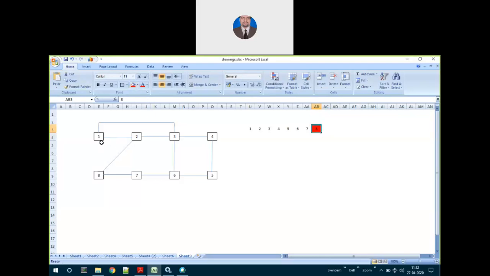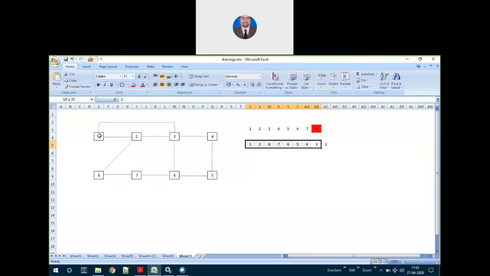Then what are the other methods I can travel to find out the Hamiltonian cycle? Okay, let us say from 1 I can go to 2, and since 2 is also connected to 8, I can go to 8 here, 2 to 8, from 8 to 7, 7 to 6, 6 to 5, 5 to 4, okay, 4 to 3, and from 3 I can go back and reach the starting vertex, that is 1.